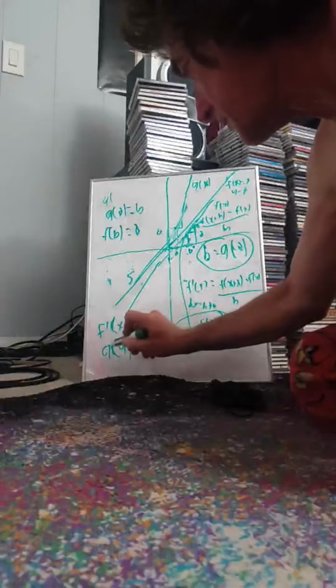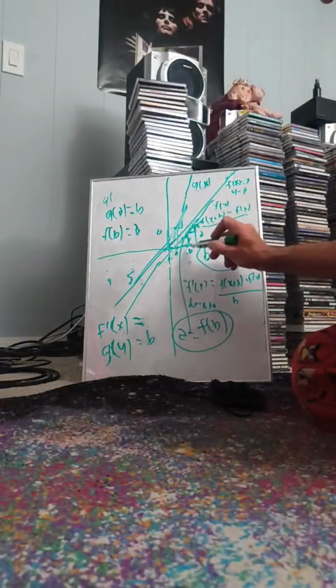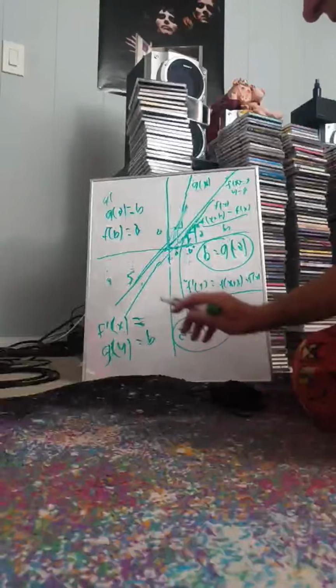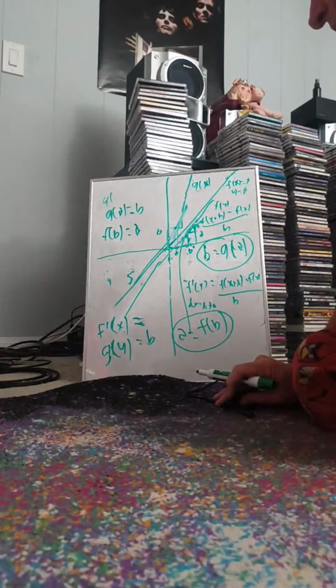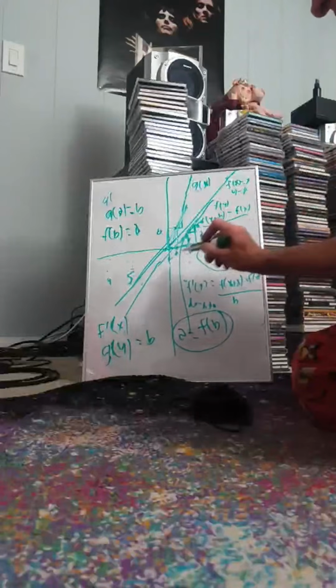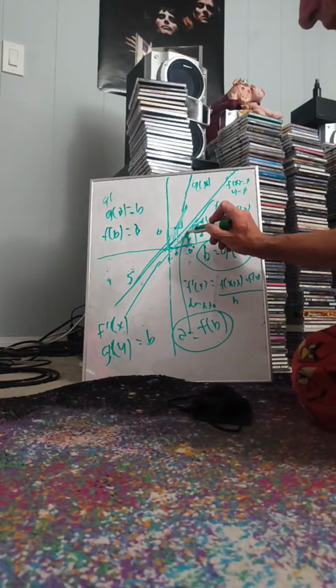There. f prime of x is this slope. And I don't need that equals there. That's just slope. I just wrote the slope right here. And it's f of x. This is f prime of x.